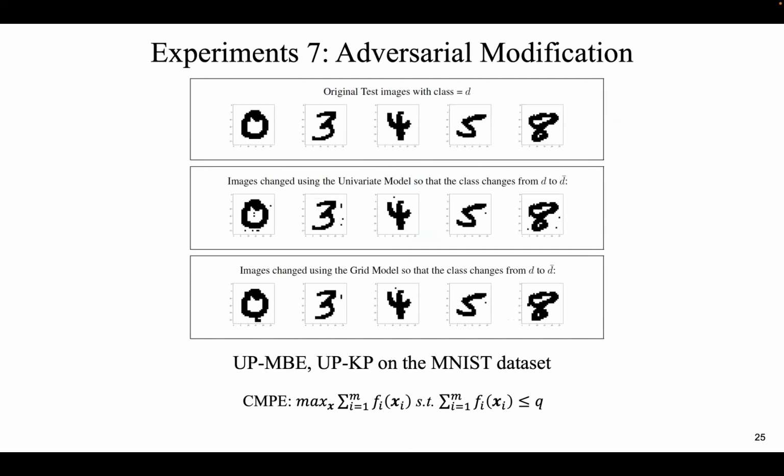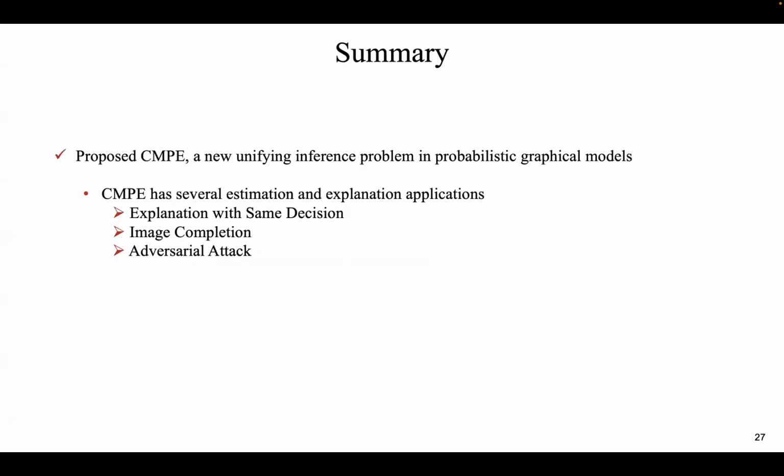Okay, so in summary, what I have done here is propose a problem called CMPE, which is a unifying inference problem for graphical models. And what I've shown you is that CMPE has several estimation and explanation applications. Many problems in the real world can be encoded or cast as this CMPE task.